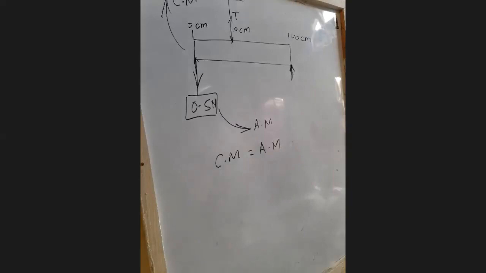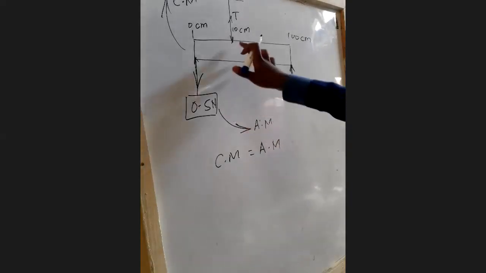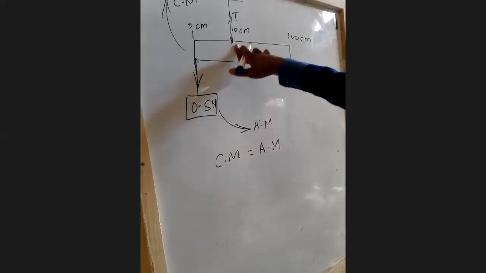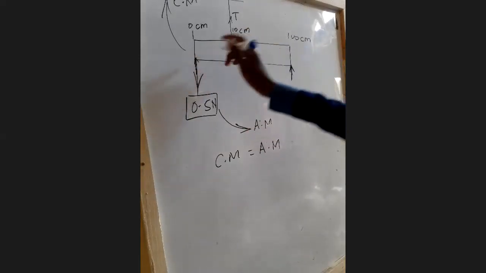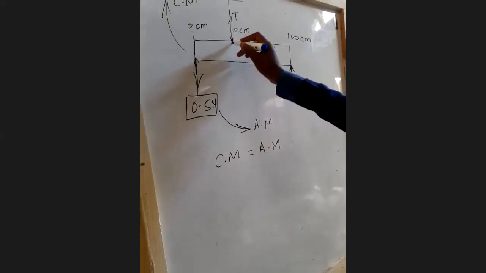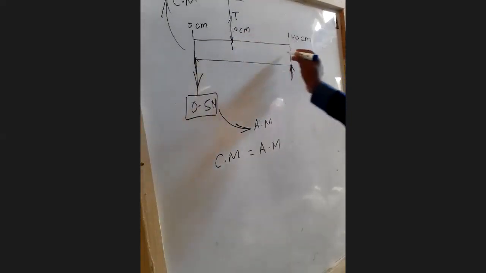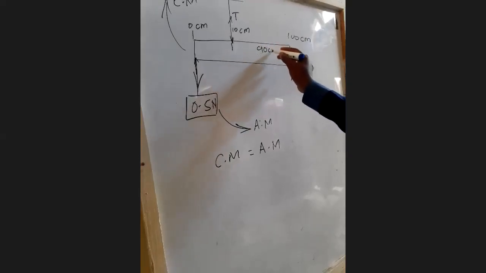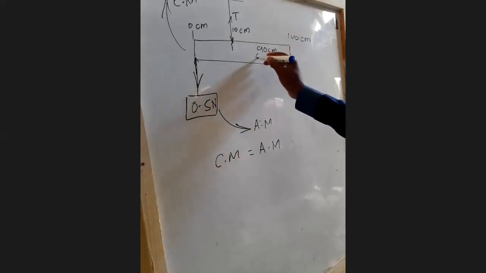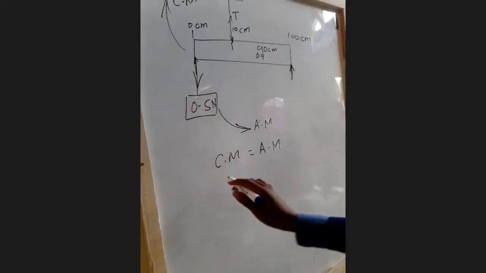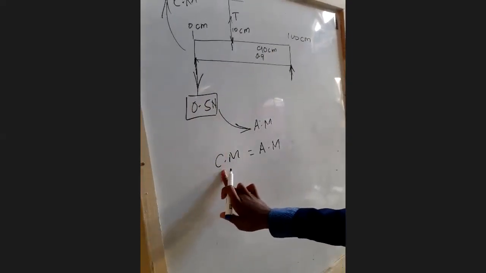Now the clockwise moment is the force due to tension. From where it is acting, at the 10 mark, to the pivot at the 100 mark, is 90 centimeters, which in meters becomes 0.9. Moment is force times distance.